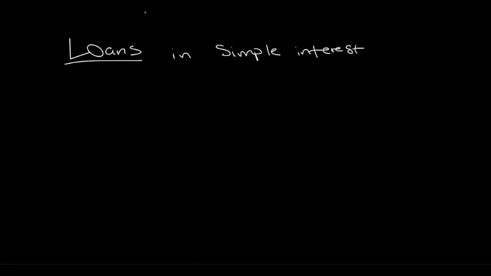Again, the interest amount you calculate by principal amount times the interest percentage times your number of years. But in this case your final amount is how much you still have to pay.